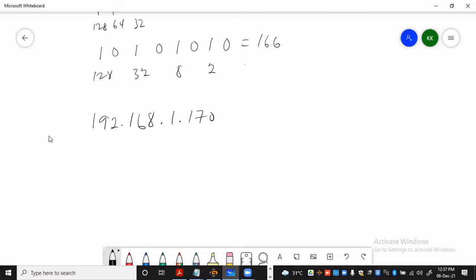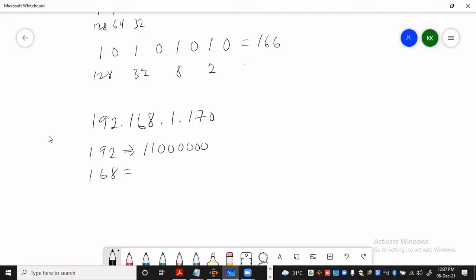So now they're in decimal, and you're going backwards. To accomplish that, you have to take 192 first and convert it to binary. What would 192 be? 11000000. 168, what would that be?